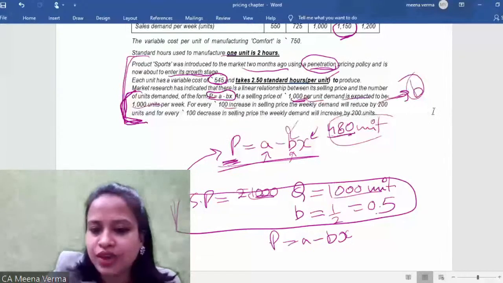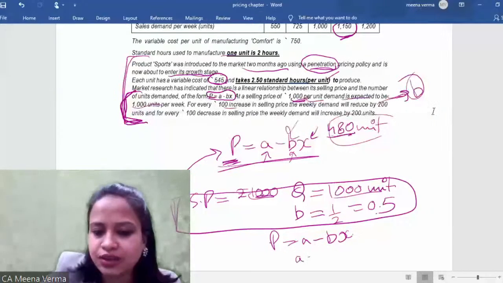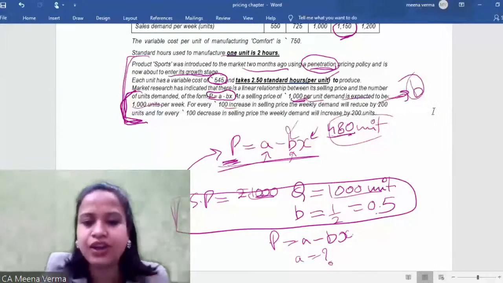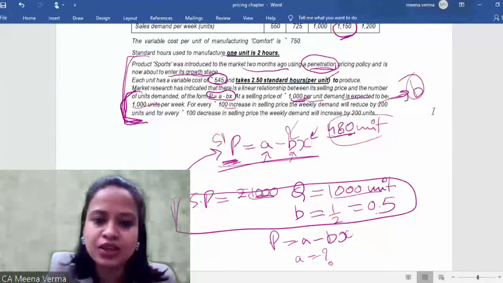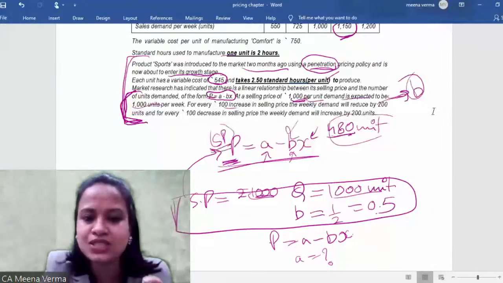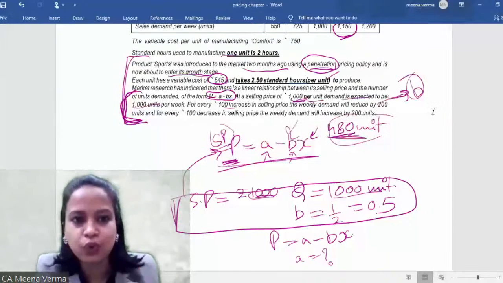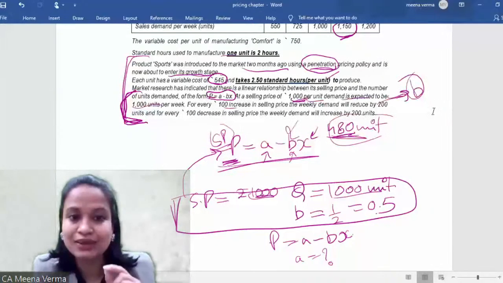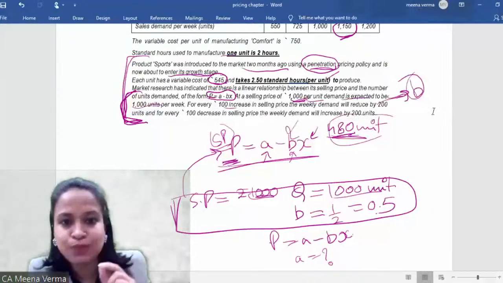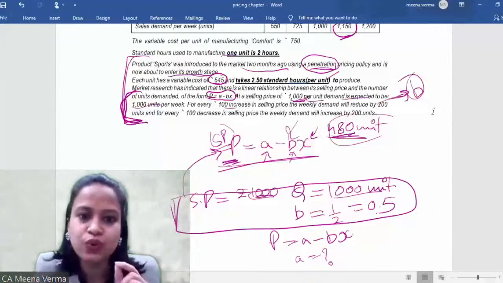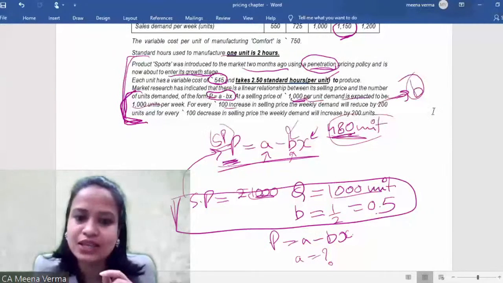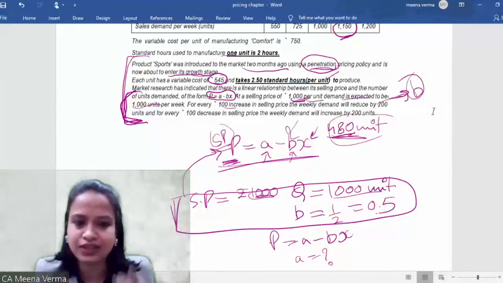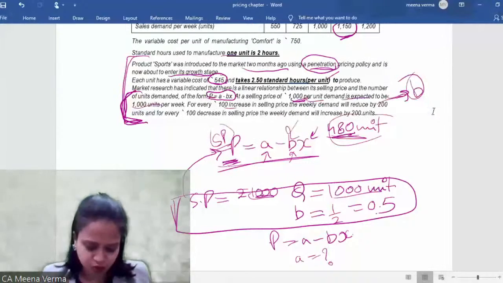You know the value of X, put it here. B, put it here. You will get the value of A. After finding A, you know X, and you want to find the selling price when you are selling 480 units, because you want to use the spare capacity. So after finding A, B, and X, you can find the selling price for the sports product.